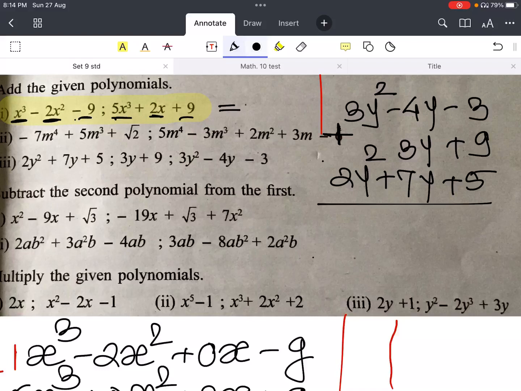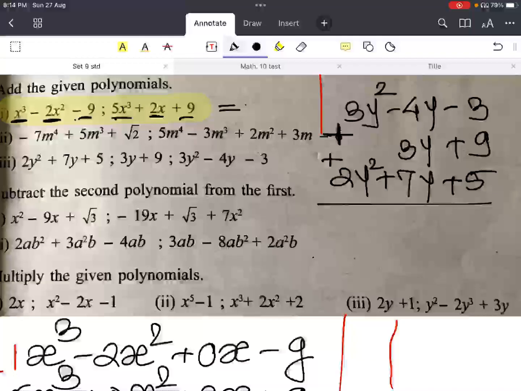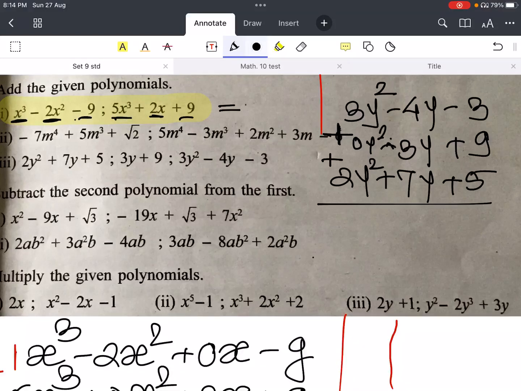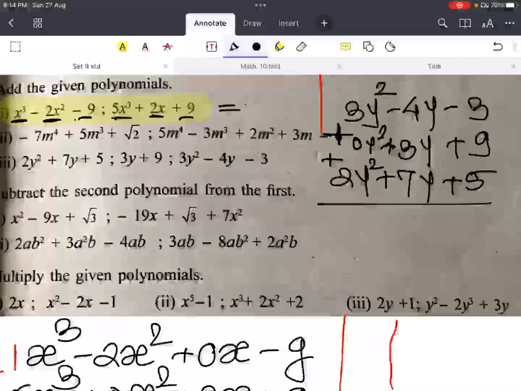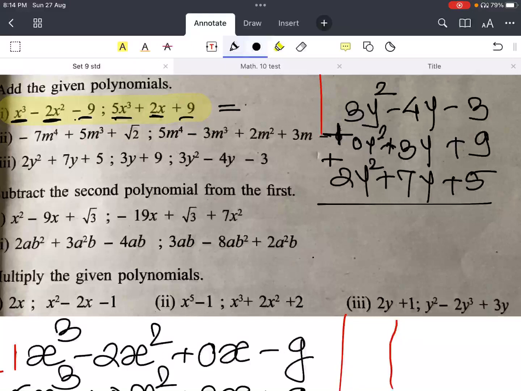You can randomly select any number. Don't confuse this square, it belongs to this term, because there a 2 is coming. So 0y square plus. Now add this. First we add these three numbers, then these three, and then these three. Clear?